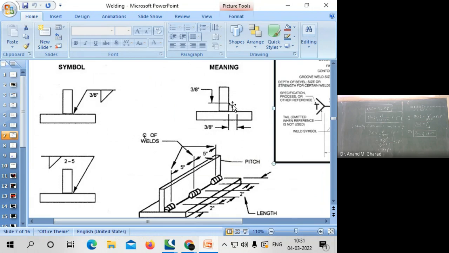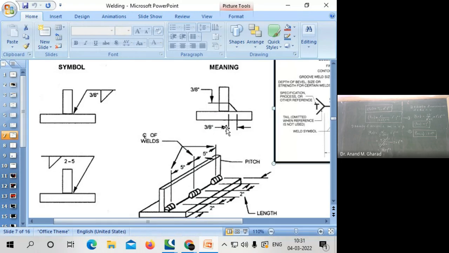First of all, we need to understand what type of welding is this, whether it is butt weld or fillet weld. Naturally, it is a fillet weld. Why? Because these two members are getting connected in a perpendicular or with respect to some angle, isn't it? So this is a fillet weld. So we have identified first thing that the welding is a fillet weld.